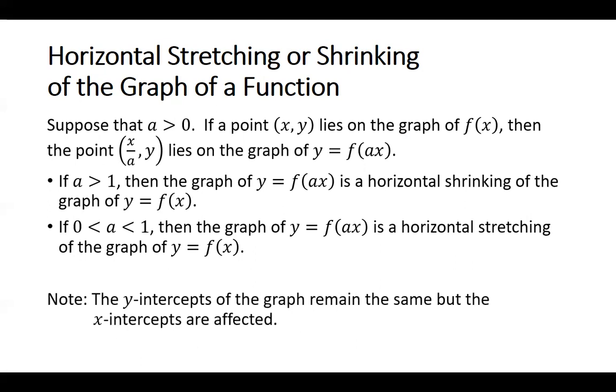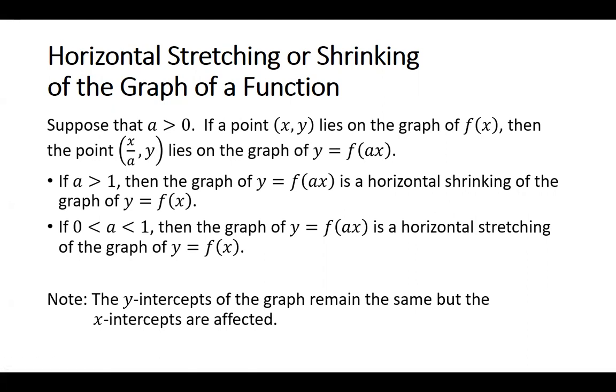And with this one, again, note that the y-intercepts of the graph remain the same, but the x-intercepts are affected. So now we're multiplying x by some value and getting to those y values. So the x-intercepts are going to be affected, but the y-intercepts of the graph are going to remain the same, because when x is equal to 0, it doesn't matter what value of a you multiply it by, it's still going to be there, so it's not going to change your output on the function.